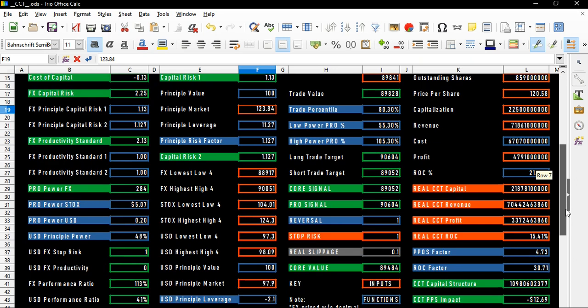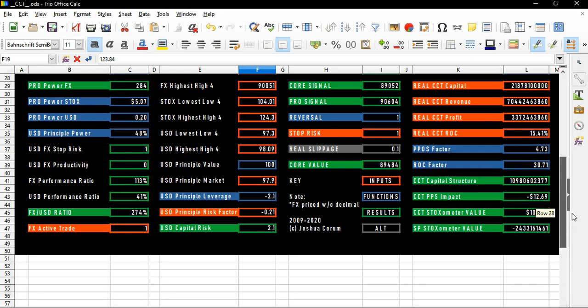So what the real quorum capitalism capital structure is in free cash flow, in cash on hand, is $10,980,602,377, not $22 billion.